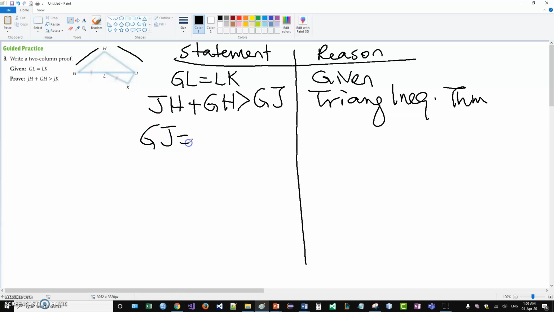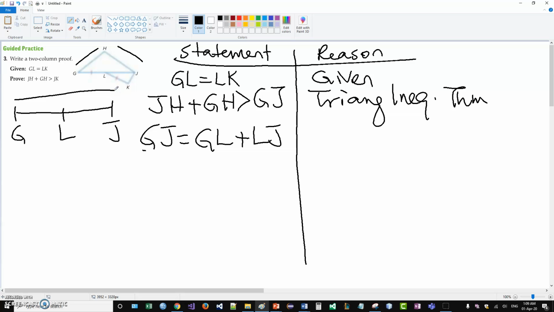Next, GJ equals GL plus LJ. If we have a large segment that's divided into two smaller segments, GLJ, obviously the large segment equals the sum of the smaller segments.